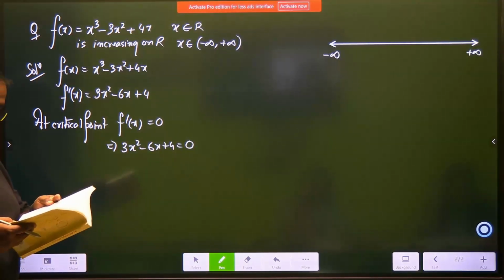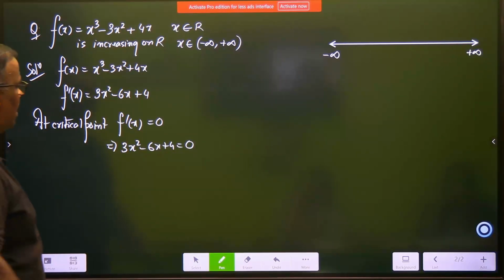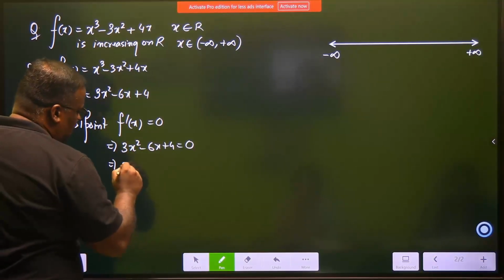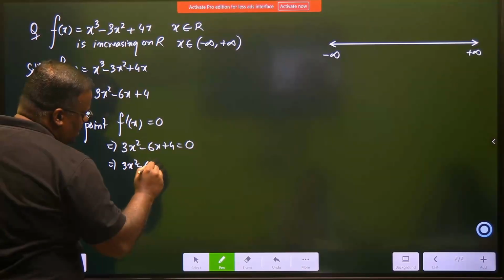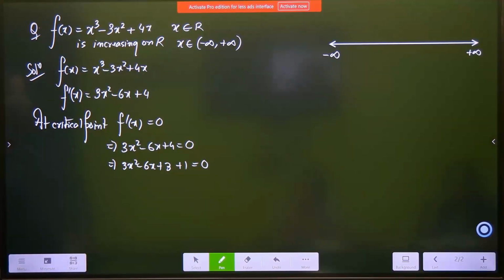So how do we solve this question? This is a little bit tricky, so let's do it like this. 3x square minus 6x plus 3 plus 1 is equal to 0. Can I write this?